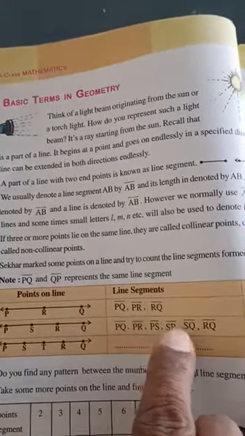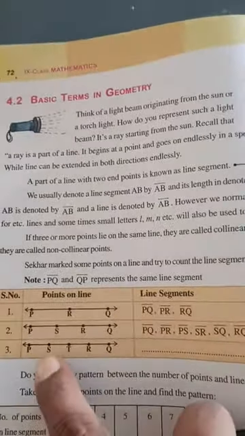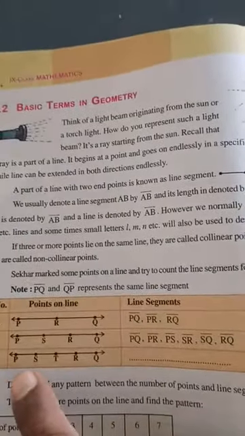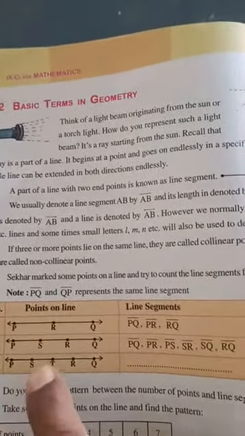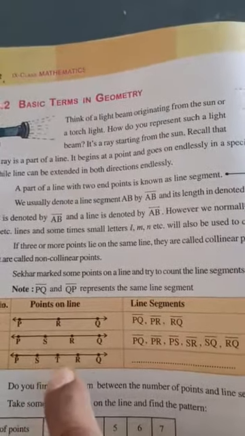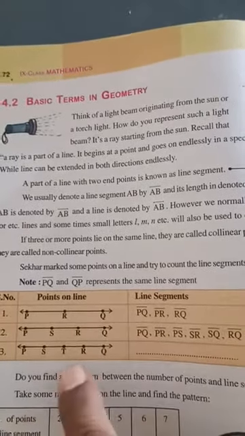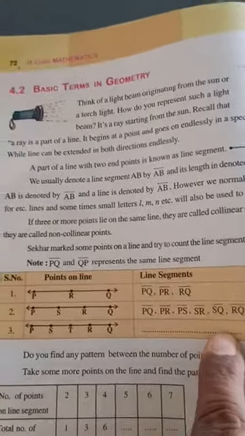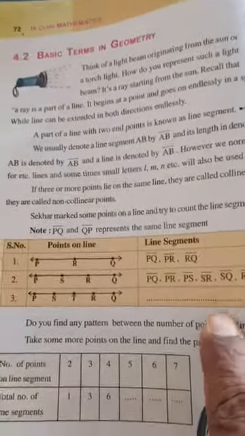How many? 6. So here 5 points: draw the line segments PS, ST, PT, PR, PQ, SR, SQ, TR, TQ. Write the line segments and find out how many line segments are formed.